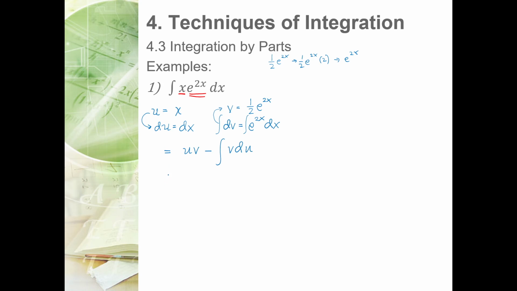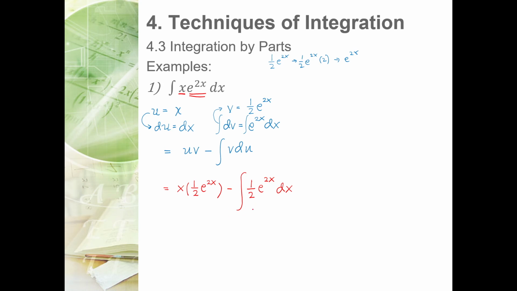Starting off with the u, that will be x, times the v, which is 1 half e to the power of 2x, minus the integral of v, that will be 1 half e to the power of 2x, and then your du is dx.